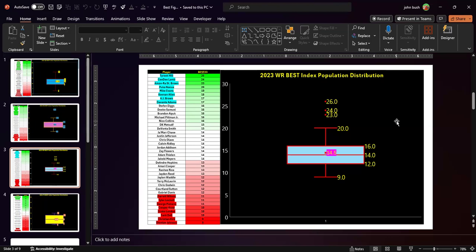But if you look at the best data historically over the last 6 seasons, the absolute best season with that index is 31 by Cooper Kupp in 2021. That's another 20% up. Then it's Tyreek Hill last year.